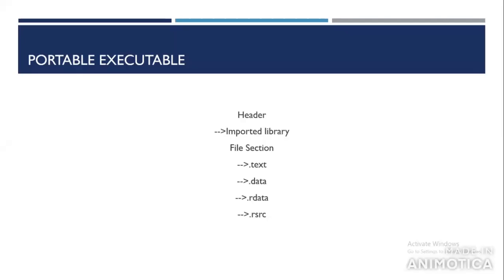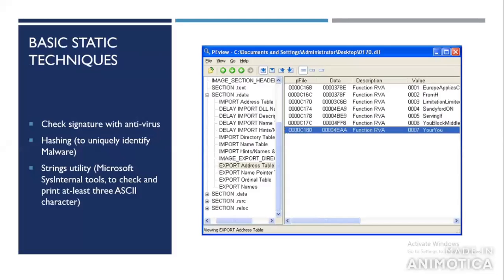Here, the most informative one is .text, as it contains the executable instructions, and the tool used to look at these is PEView, the one which I have shown here on the right hand side. The tool name is PEView, and it can be used to check different sections or parts of the portable executable.